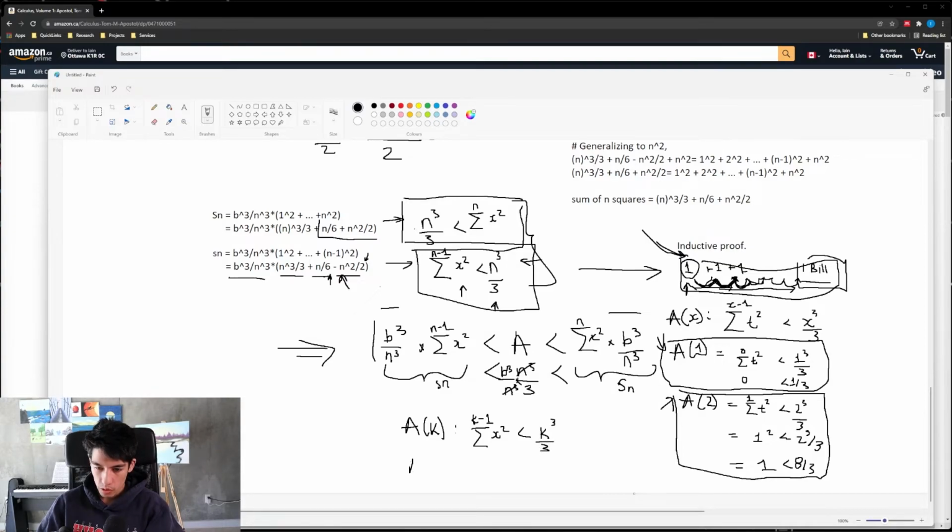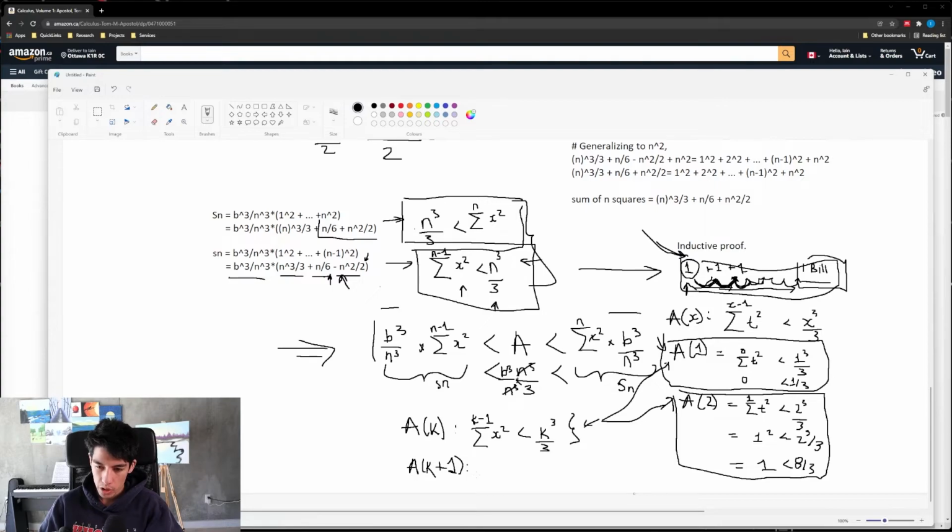We'll assume that this is true, and we know this to be true because we've shown it when n is 1 and n is 2, so at least in some cases this works.